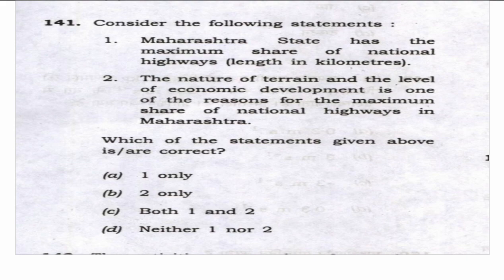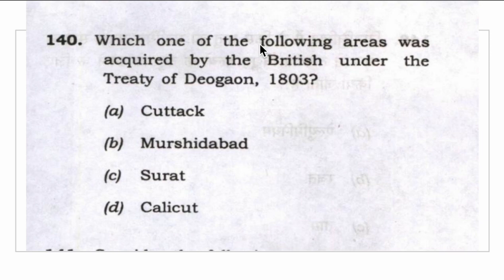Now coming to the 10th question, which of the following areas was acquired by the British under the Treaty of Deogaon in 1803? So here, the Treaty of Deogaon is actually the treaty between the Bhonsles and the British. The Bhonsles were one of the most important and powerful Maratha chiefs in the Maratha Empire.